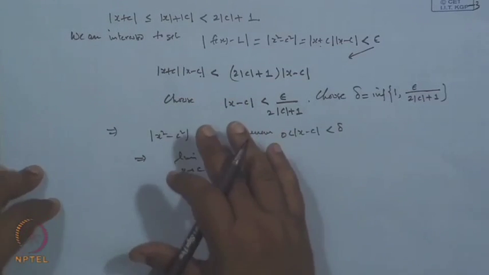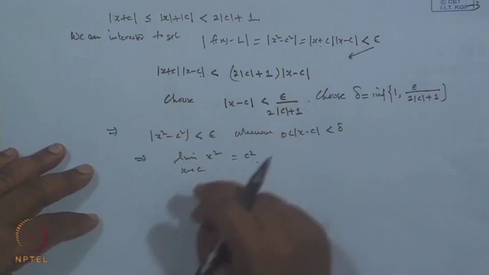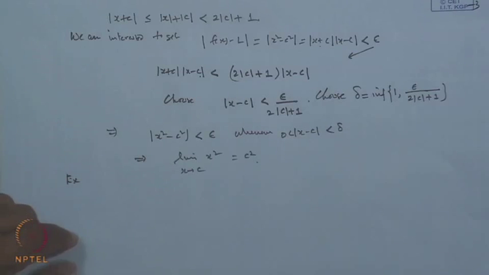So, this is the way to show the limit by using the epsilon delta definition. Let us take one more example where we are also using some trick.